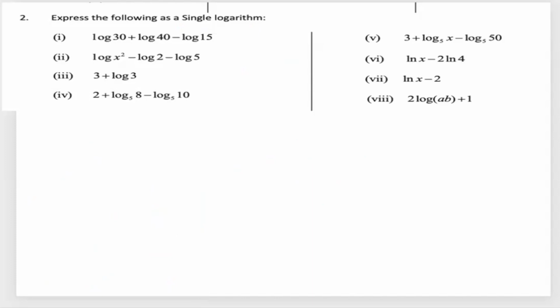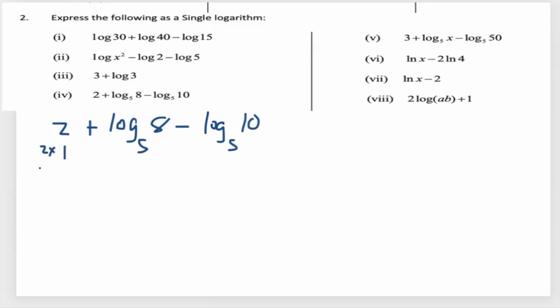If you look at the next one that we have here, you have 2 plus log base 5 of 8 minus log base 5 of 10. Because the base is 5, we're going to change this in terms of base 5. So 2 is the same thing as 2 times 1.